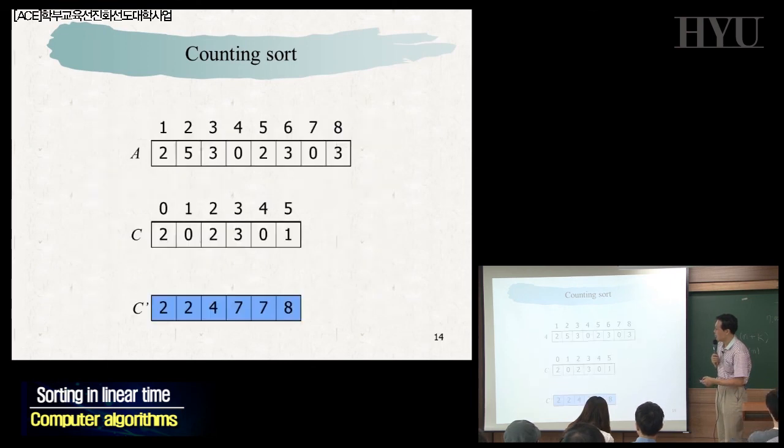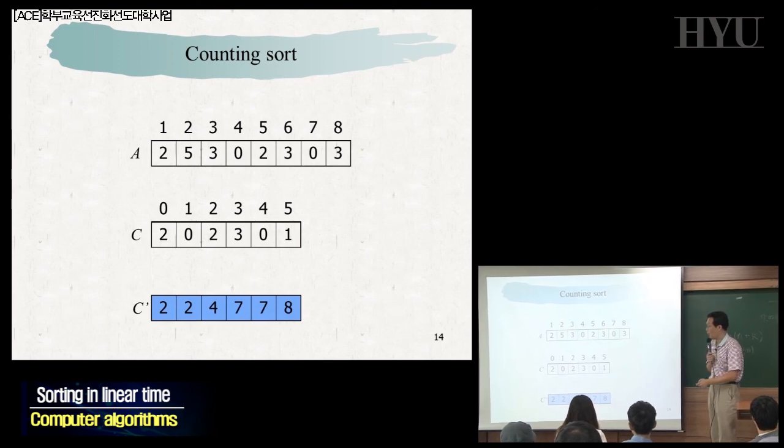In this case, 2 is added to 0. Then it becomes 2. Okay, then 2 is added here, and it becomes 4. And so until here, the first half is a C prime array, and the second half is the C array.